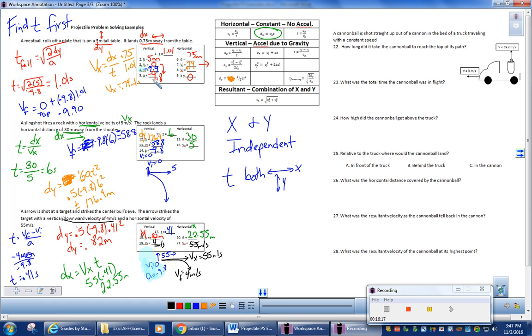If the tables make sense for you, then use them. For some of you, a simple picture helps it make sense. But you need to decide what works for you. The most important thing to get into first is find that time first.